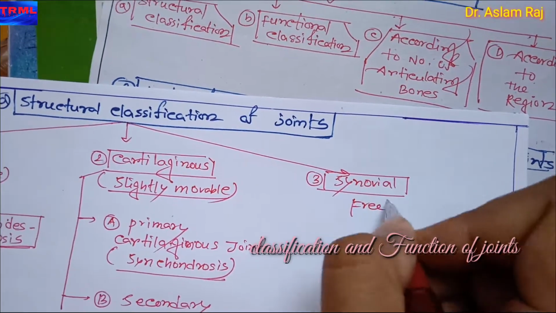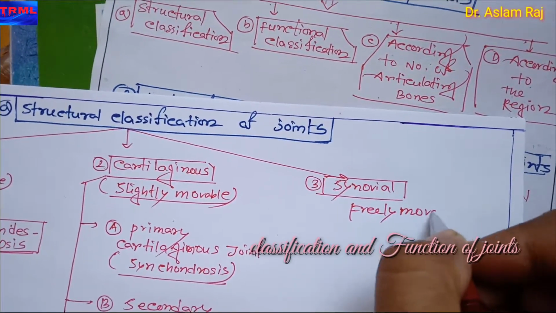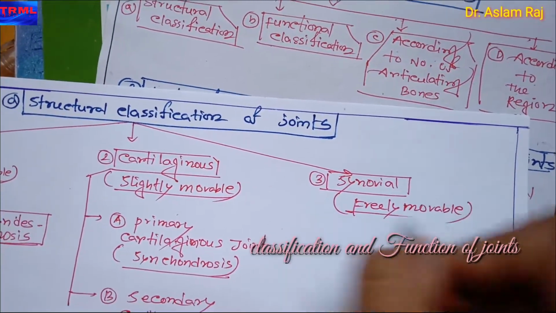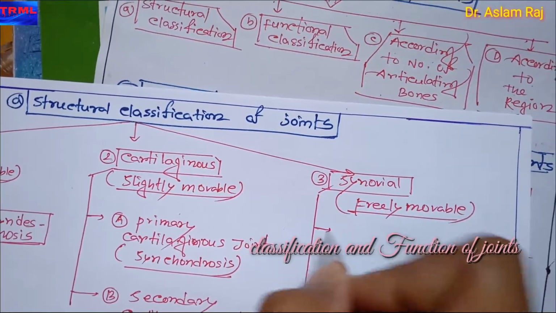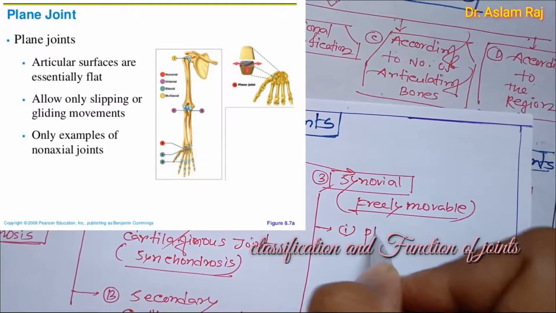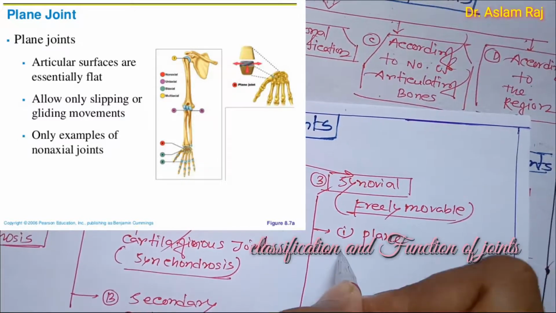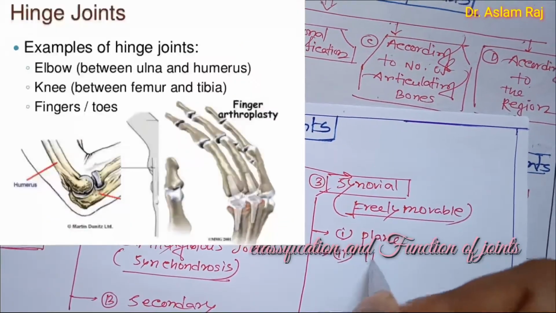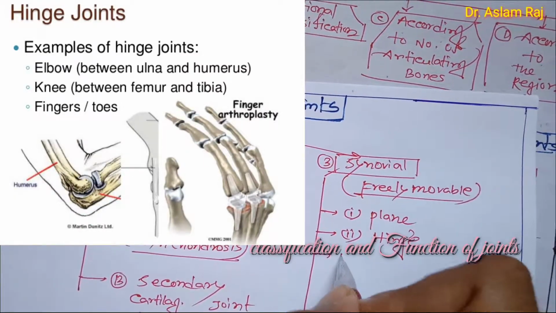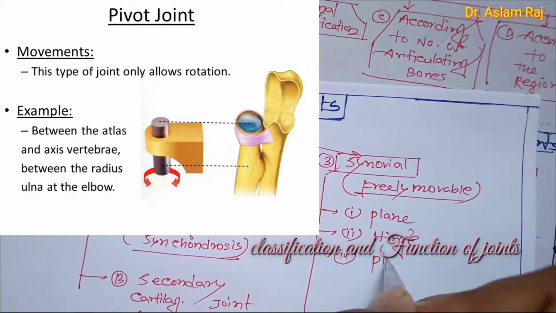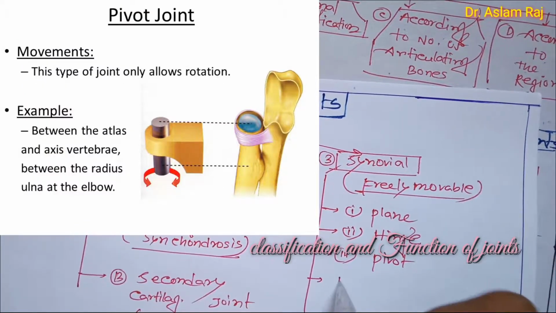Let's see the most important joint, synovial joint. This is a freely movable joint. It also has seven types. First one is plane joint. Second one is the hinge synovial joint, as you may see on the left side. Third one is pivot joint.